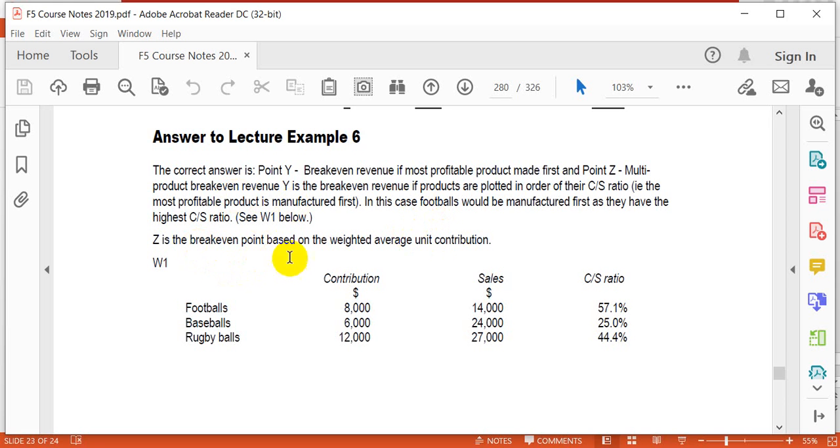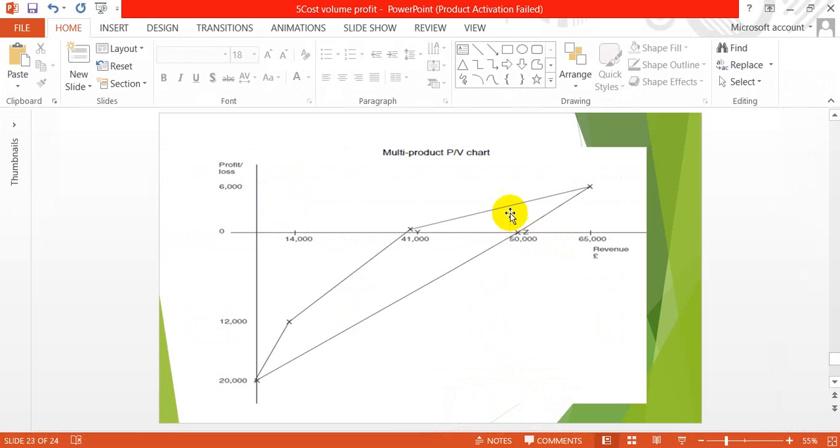So Z is the break-even point based on the weighted average unit contributions. So once you've plotted that, then you draw another line starting from the first one to the last point.